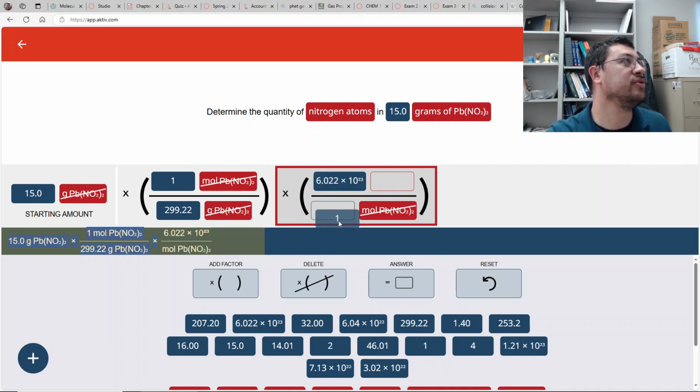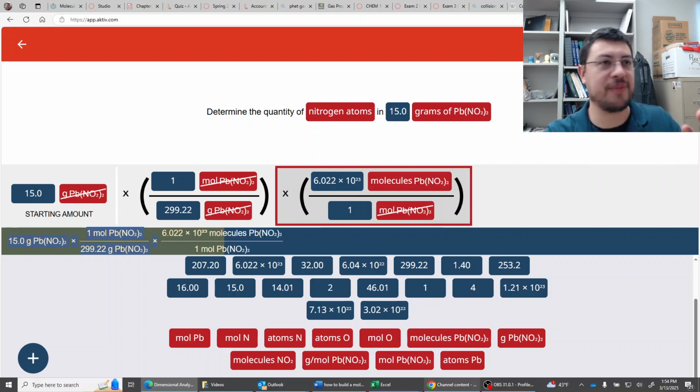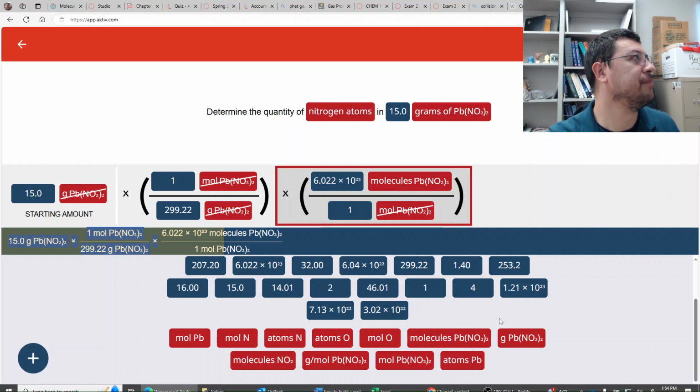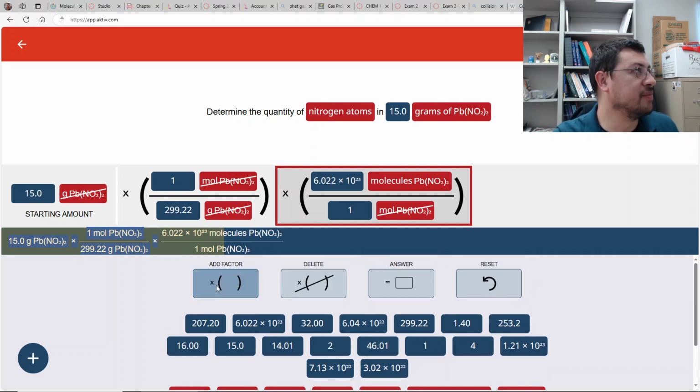But 6.022 times 10 to the 23. Molecules, PbNO2, it should say formula units, but whatever, because it's an ionic compound. Now, if they wanted formula units of lead nitrite, we'd be done, but they want nitrogen atoms, okay?